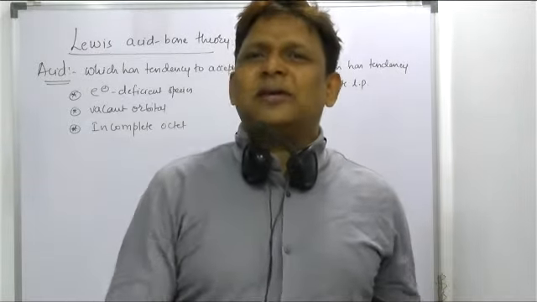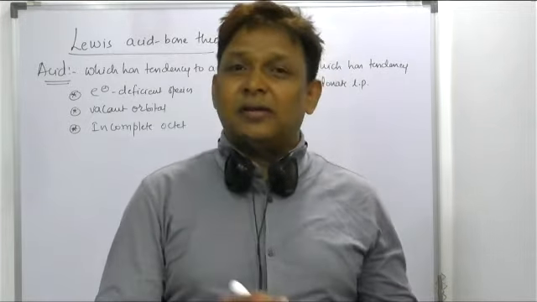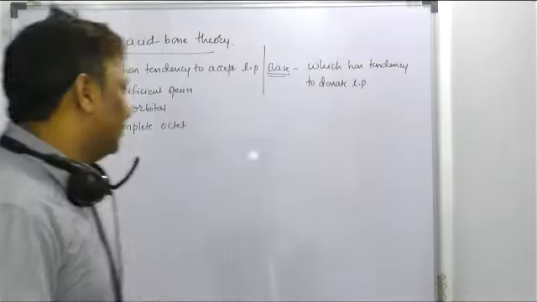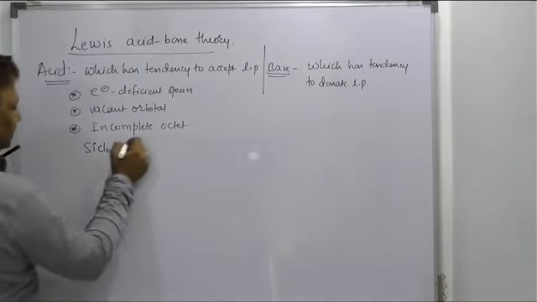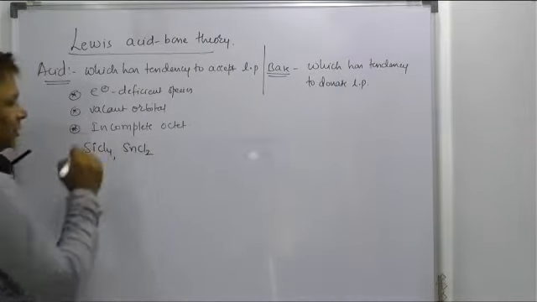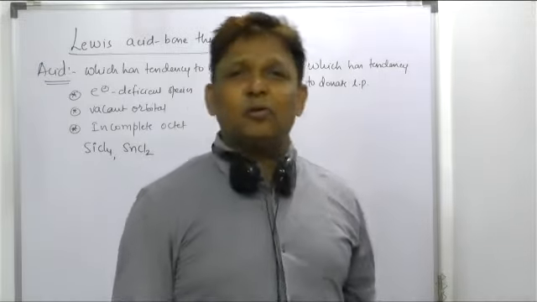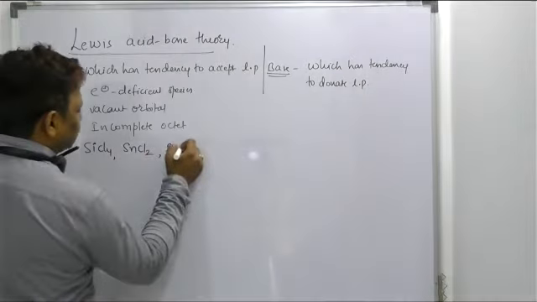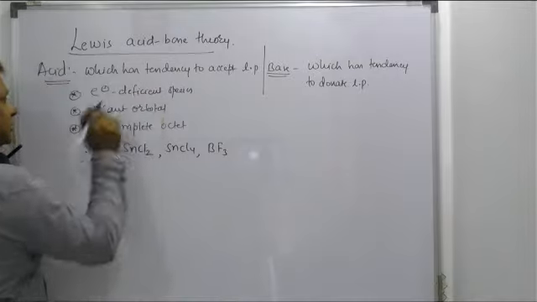So examples I want to show you. What are these kinds of molecules which are electron deficient, having a vacant orbital, having an incomplete octet? Let us say an example is SiCl4, vacant orbital is there. SnCl2, SnCl4, BF3, AlCl3. Boron trifluoride, electron deficient.